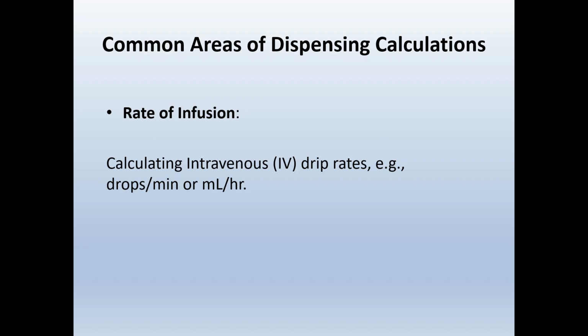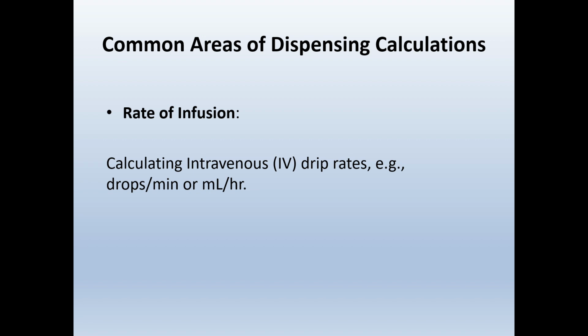Another area in dispensing calculation is rate of infusion. When we say rate of infusion, what do we mean? There are drug formulations that are taken through infusion, like our drips, right?